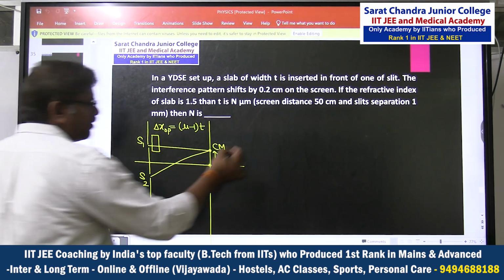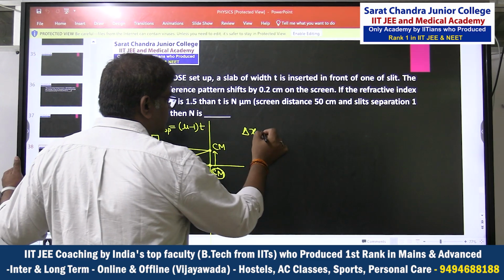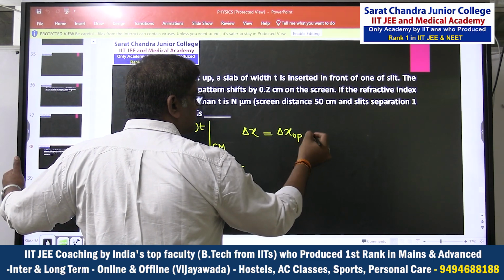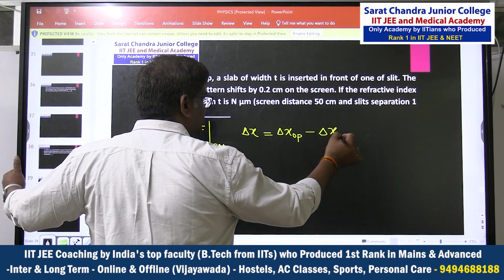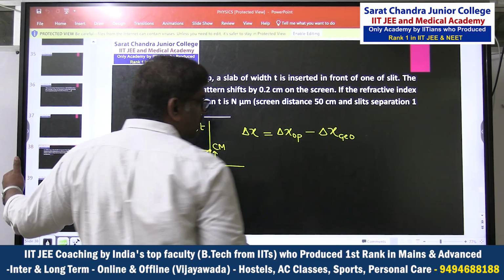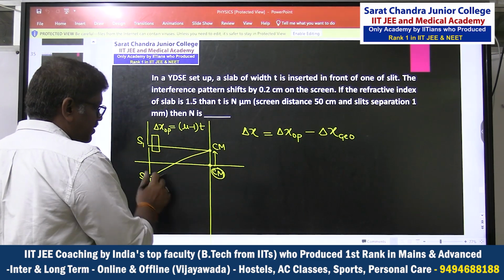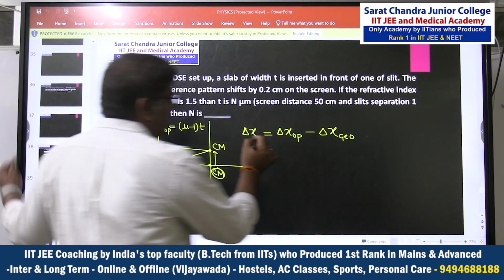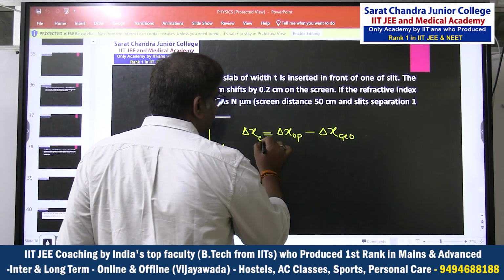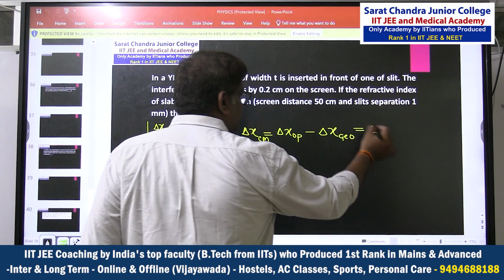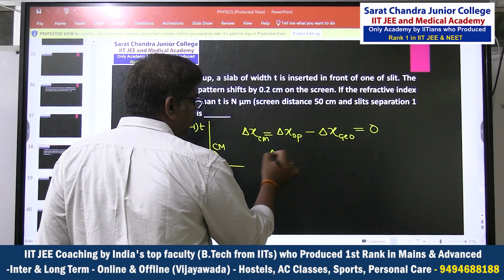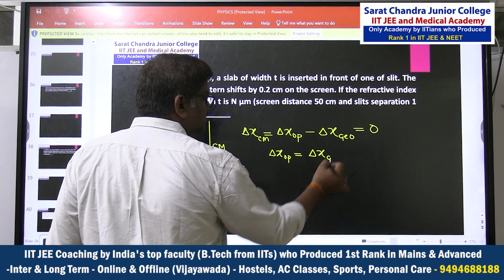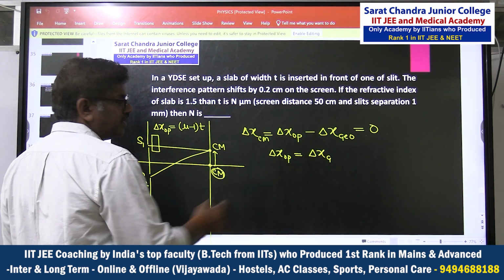So when I say what is the overall path difference, you will say it is optical path difference minus geometrical path difference. Why am I talking about geometrical path difference as minus? Because this is associated with S1, this is associated with S2. And for the central maxima, I need it as 0. That means this optical path difference should be equal to this geometrical path difference, which is created because of the position.